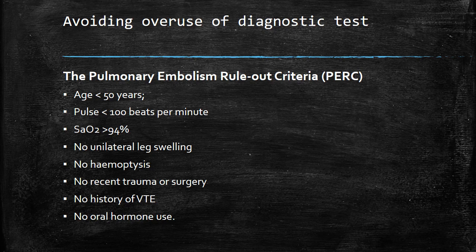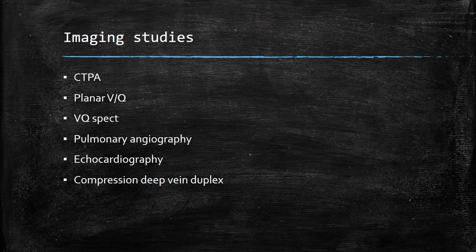So we don't want them. So we have the pulmonary embolism rule out criteria, or PERC score. It has 8 components, including age, pulse, saturation at room air, and no unilateral leg swelling, no hemoptysis, no recent trauma or surgery, no history of venous thromboembolism, and no oral contraceptive pills or hormone use.